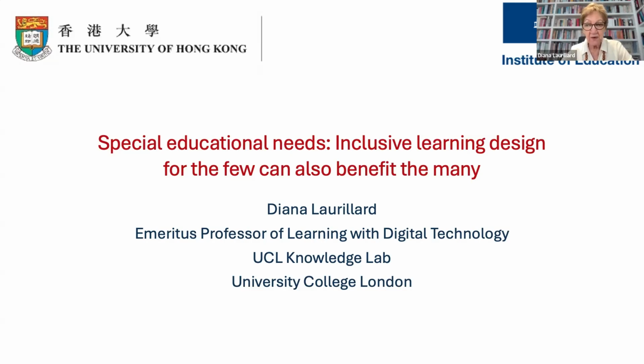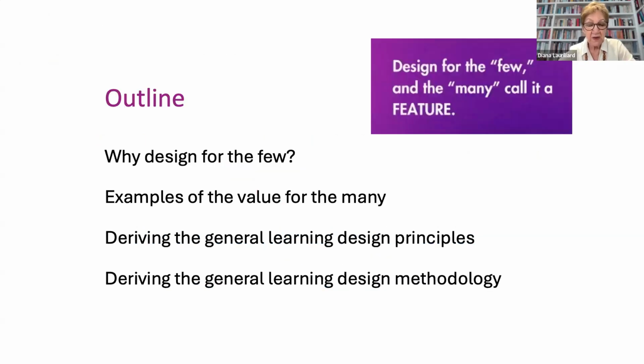So I'm going to go through three different examples of the ways in which this can help. The contrasting examples of how you get value for the many when you design for the few.